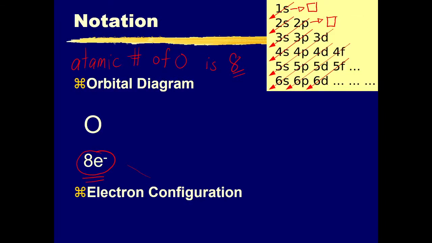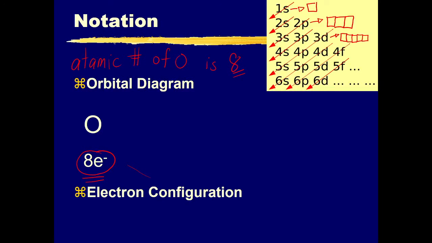Is it 2 or 3? Diba ang P subshell is 3 boxes. Ang D subshell, how many boxes? 5 na ang D subshell.